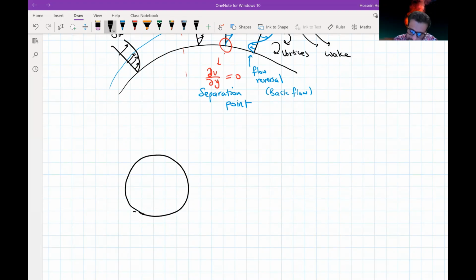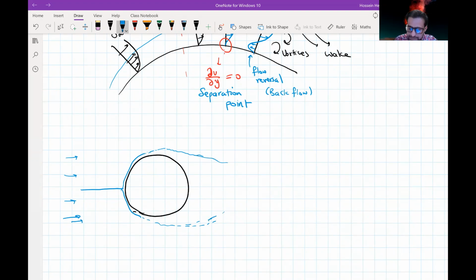Let's say we have a laminar case with this uniform flow. We observe the stagnation point and the formation of this boundary layer, and separation is going to happen much earlier than what you're going to see in a turbulent flow.